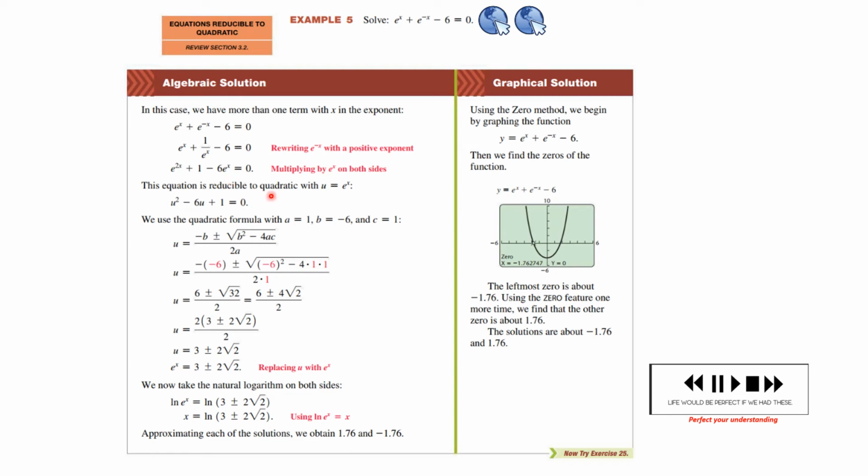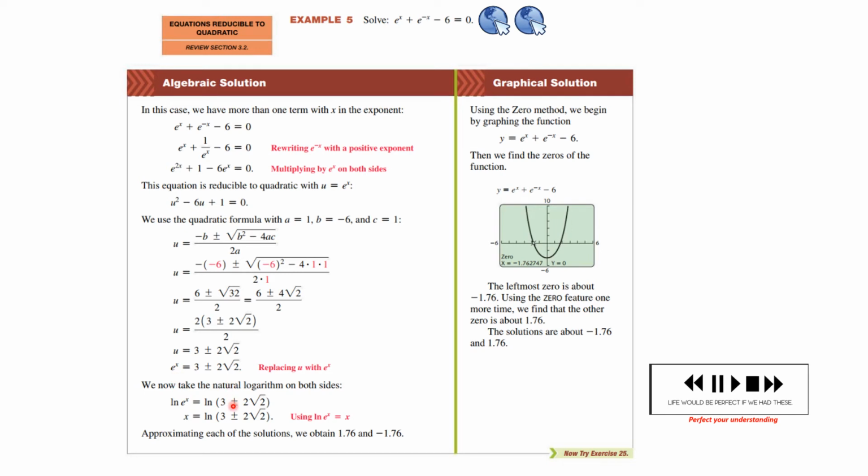Now, this is quadratic in form because I have something squared, minus 6 times that something, plus 1. So you see, if I let u equal e to the x, I have this quadratic, and I can use the quadratic formula to find out what u is. But then u was e to the x, so e to the x is equal to either of these numbers.